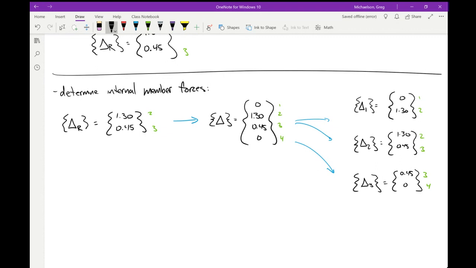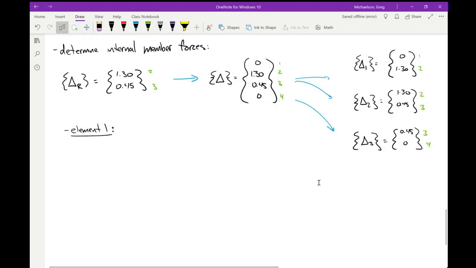Here's where I'm getting at. Watch this. Okay, let's take element 1. All right, remember there's 3 elements in the system. Element number 1, if you remember, had a K matrix that was like this. And this was 1, 2, 1, 2.